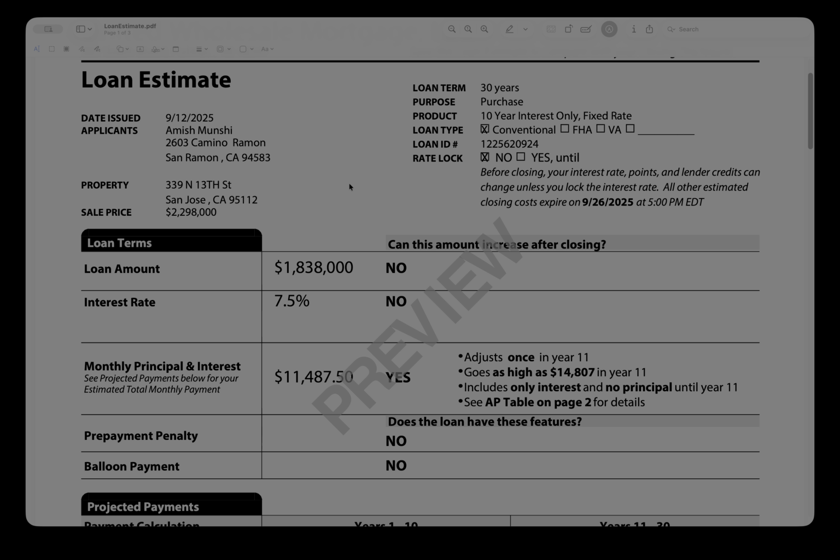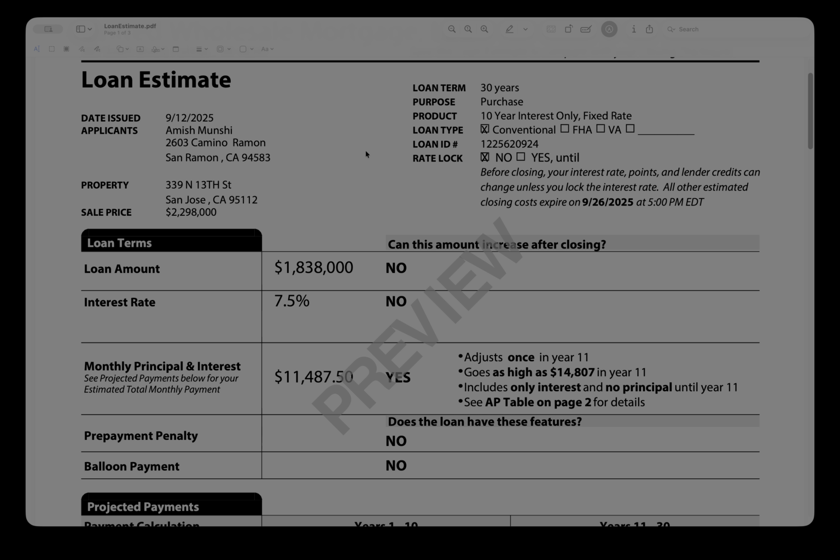Or if you're comparing it between two different lenders, then if the date is different, the time is different, then the estimates are going to be different, right? So it's important to compare loan estimates that were created at a similar time frame between two lenders to get an accurate number of what is the actual cost of doing the loan.